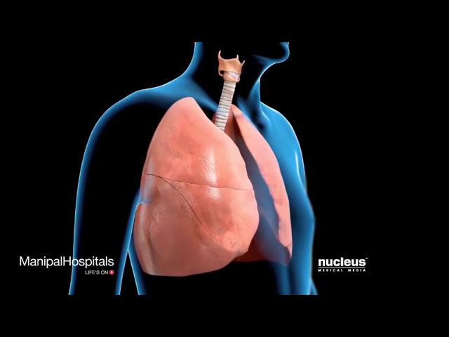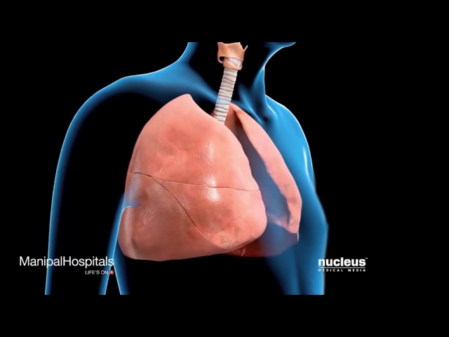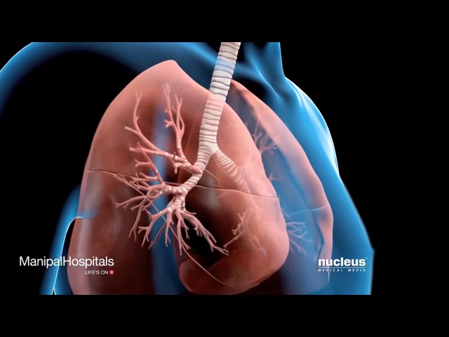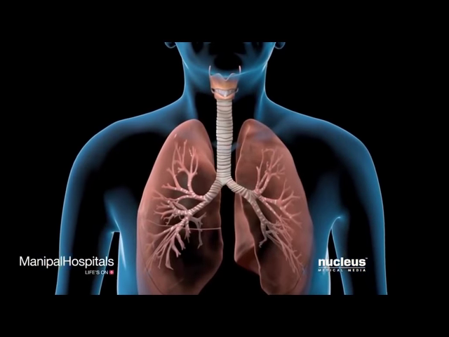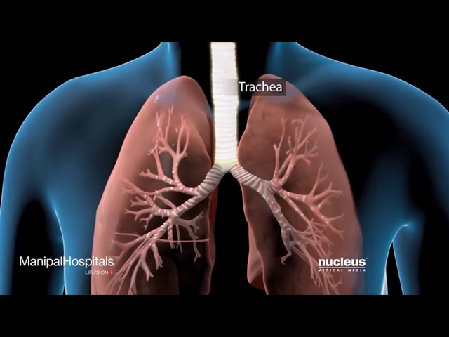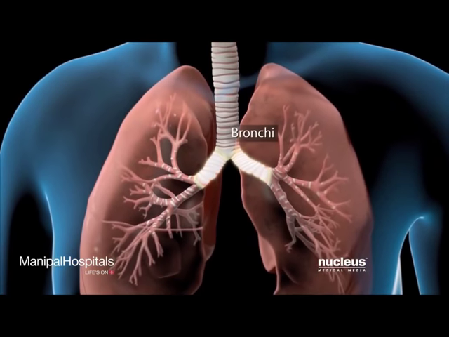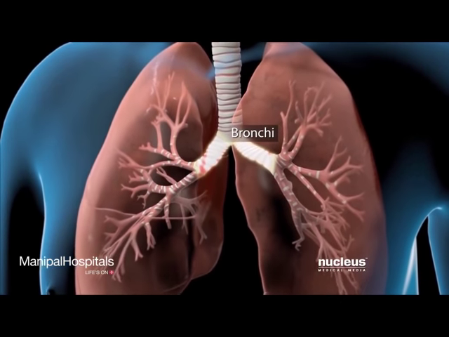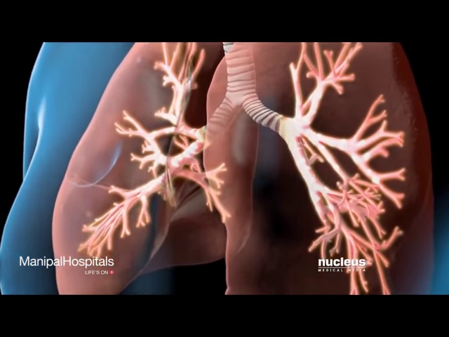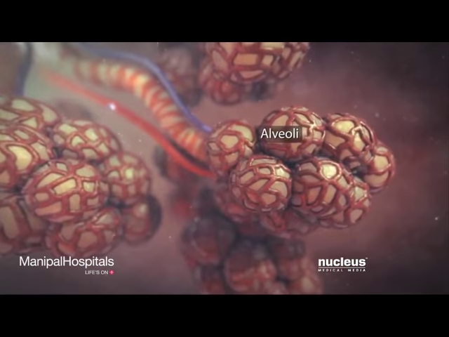Chronic obstructive pulmonary disease, or COPD, is the gradual loss of your ability to breathe effectively. Normally, as you inhale, air moves freely through your trachea or windpipe, then through large tubes called bronchi, smaller tubes called bronchioles, and finally into tiny sacs called alveoli.